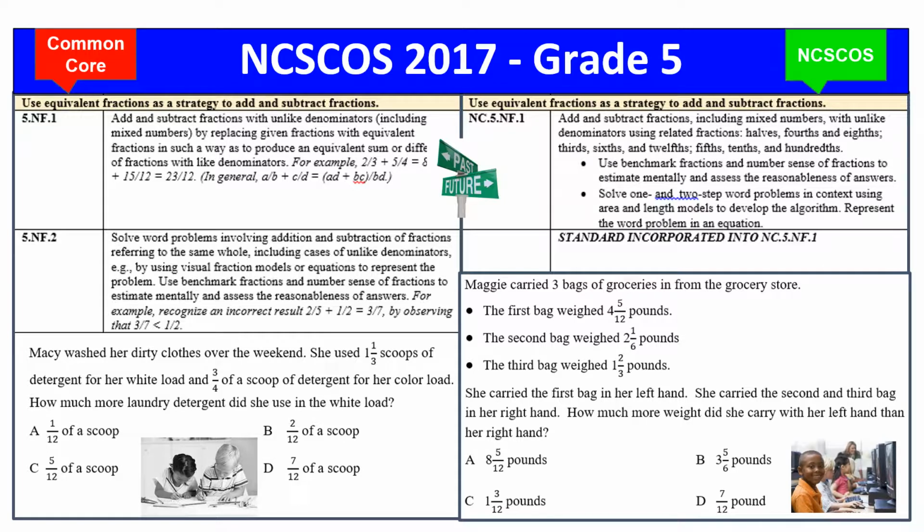Related fractions expected in this standard are listed explicitly. Students may add or subtract halves, fourths, and eighths together. Students may add or subtract thirds, sixths, and twelfths together, or students may add and subtract fifths, tenths, and hundredths together. Addition and subtraction problems may either be one-step or two-step problems.